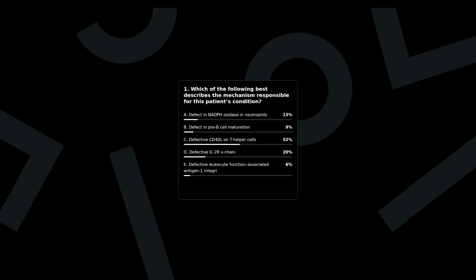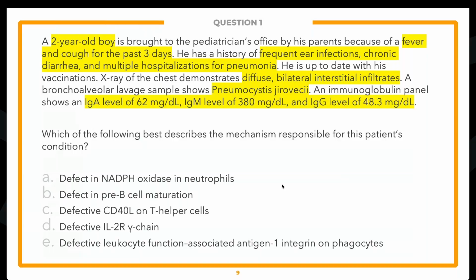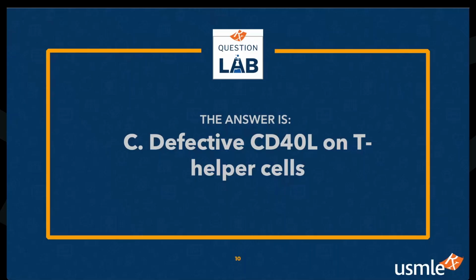And then answer choices A and B followed on the tail there, and a few of you went with answer choice E. So let's reveal the answer. And the answer is indeed answer choice C, defective CD40L on T helper cells.